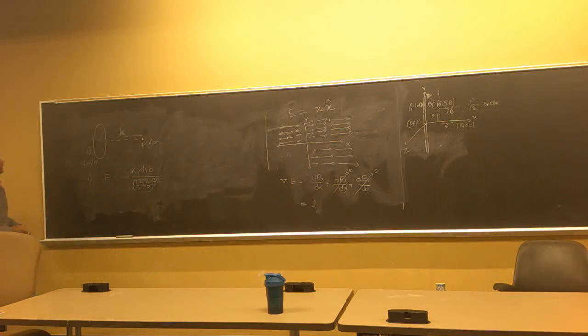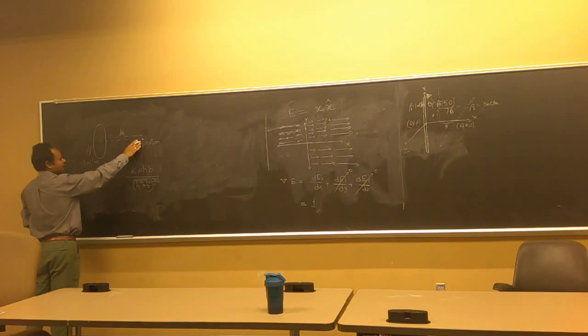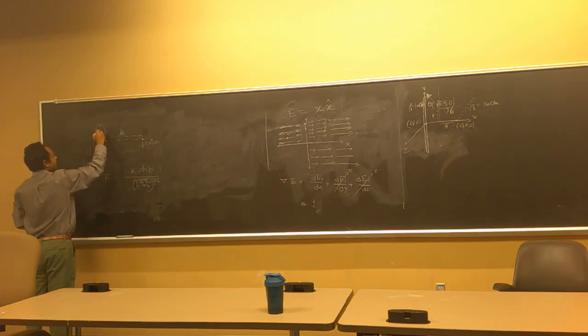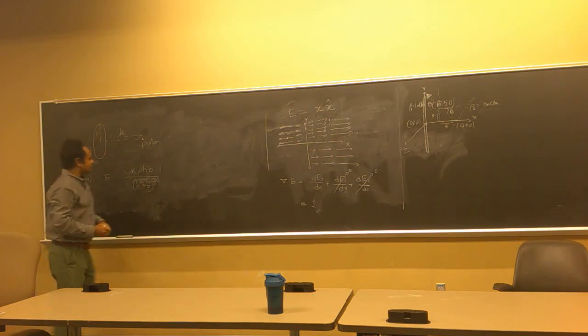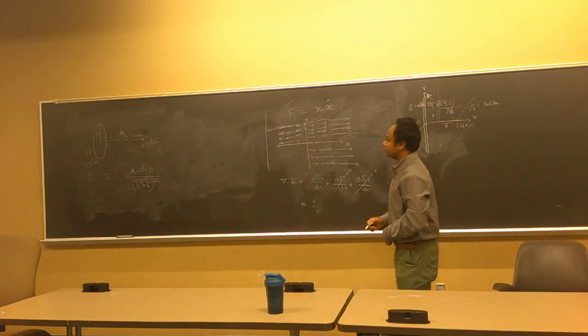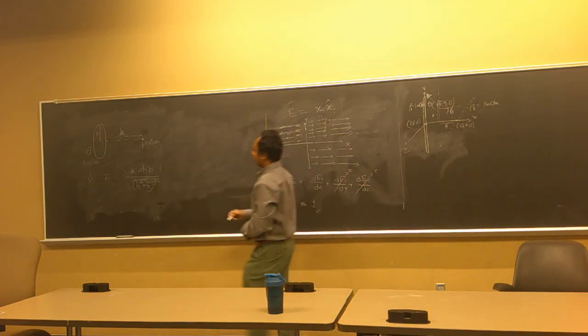Instead of d, let me write it h. h means the distance between the ring of charge and the proton, and b is the radius of the ring of charge. So in such a case, we can use this formula to find the electric field at the position of the proton.